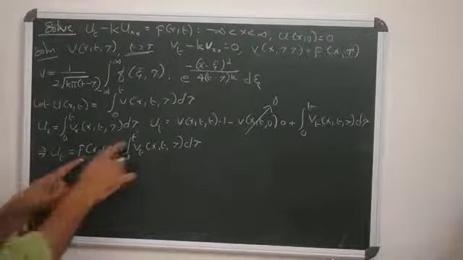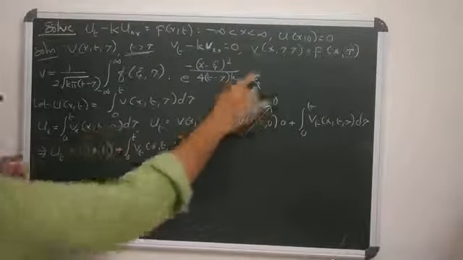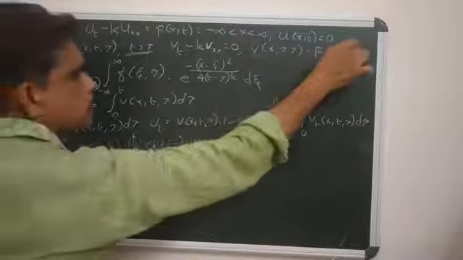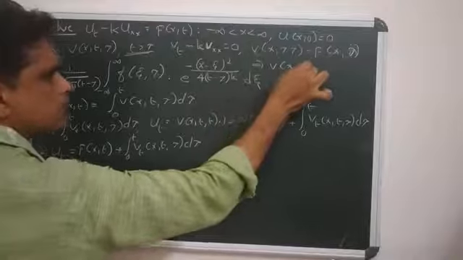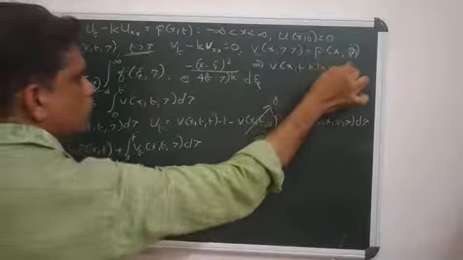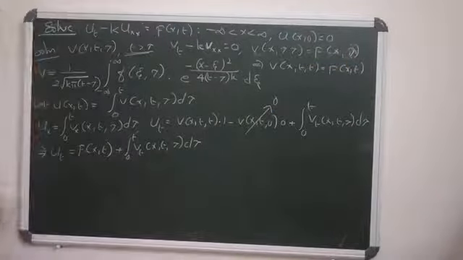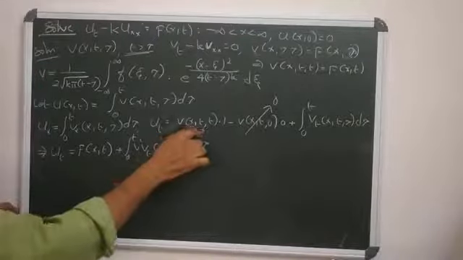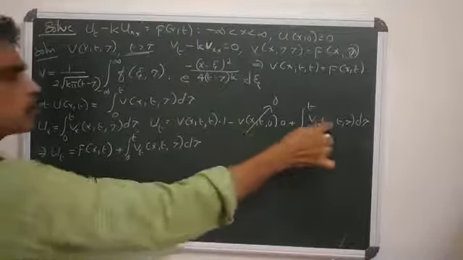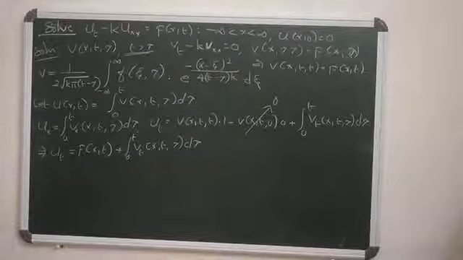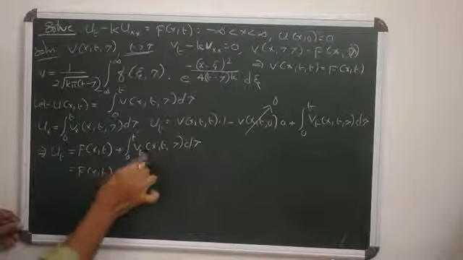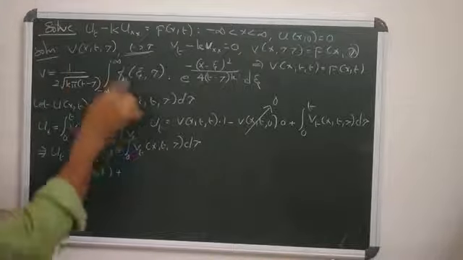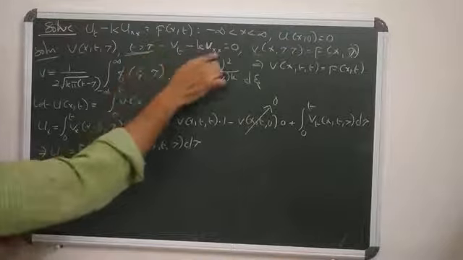Therefore v(x,t,t) equals f of x,t. That means v(x,t,t) equals f of x. Okay. Therefore u_t equals f of x,t plus the integral from 0 to t of v_t(x,t,lambda) d lambda. That means it equals f of x,t plus, what is v_t? v_t equals k v_xx.